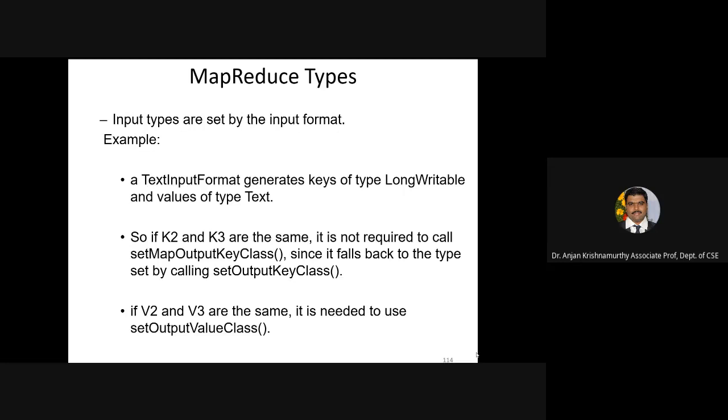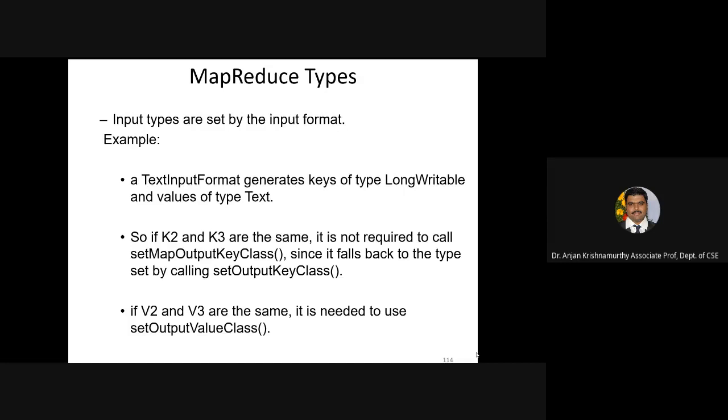So for the MapReduce types and input formats, what is allowed is TextInputFormat, which uses a key of LongWritable, and the values are Text. If K3 and V3 are of the same type as K2 and V2, then you need not call the setMapOutputKeyClass method, since it falls back on the same output key class.